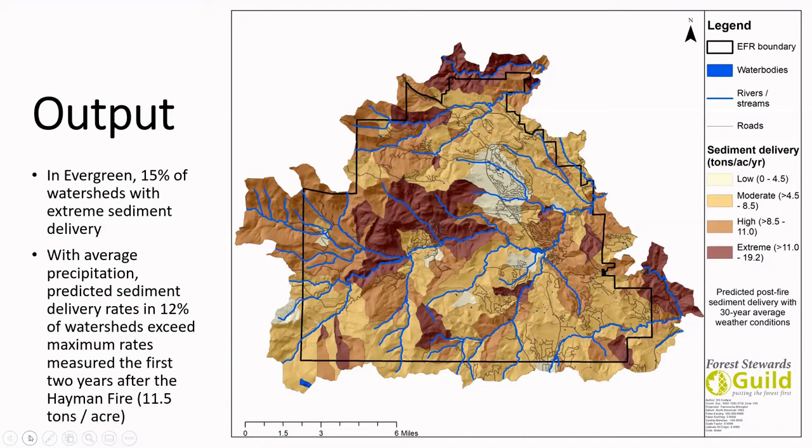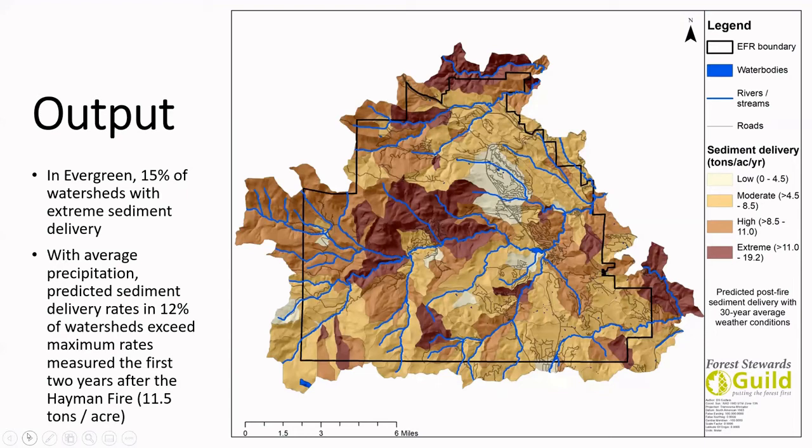We found a paper that said erosion from high severity burn areas of the Hayman fire had 11.5 tons per acre of sediment delivery. We didn't want the thresholds to be arbitrary, based on natural breaks in the data, because that would be different for different areas. Instead they are based not only on the distribution of the predictions, but also on what's been observed in the past.